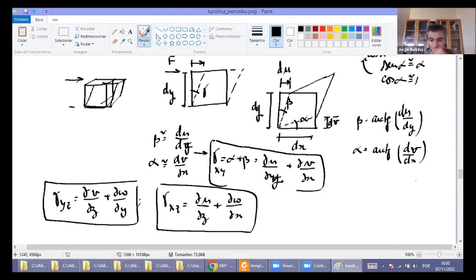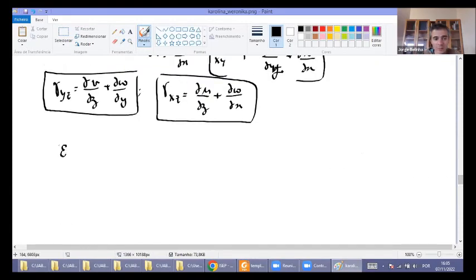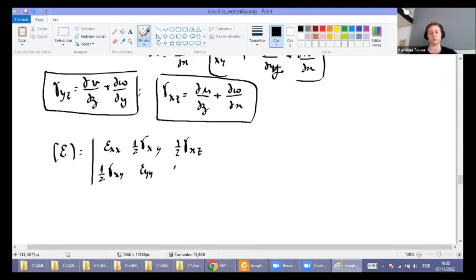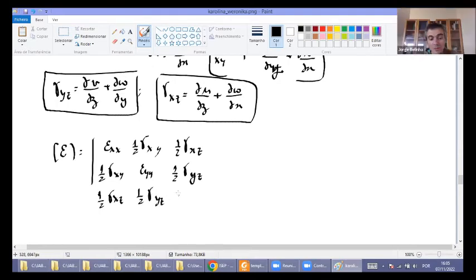So you have your strain tensor, which only has the particularity that I'm going to show you. The shear terms have a half here. This is the only difference, but it is very, very similar to the shear, isn't it?